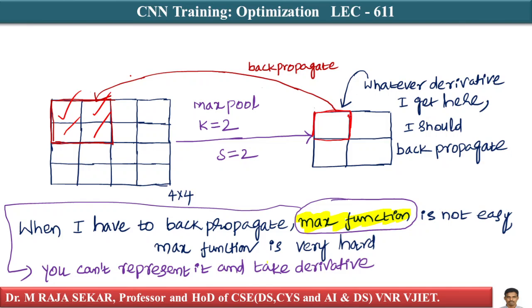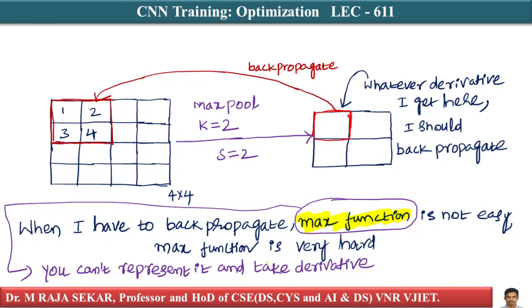Whatever derivative I get here, I have to back propagate to the 4 cells. How will I do it? Let's assume I have values 1, 2, 3, 4. I am keeping these values just for understanding's sake. There are weights connecting to it because you have max pool here.